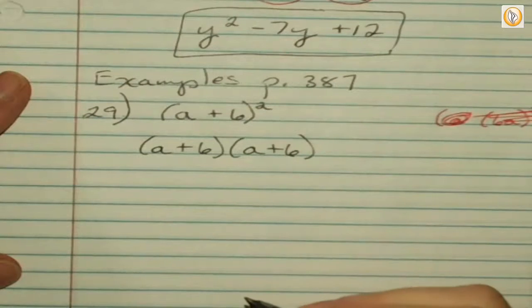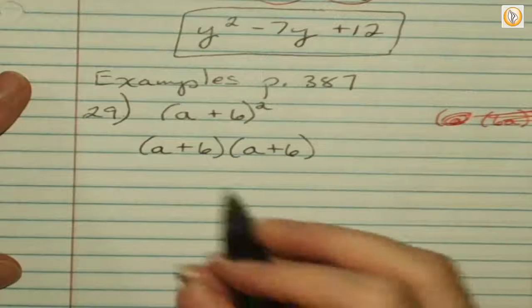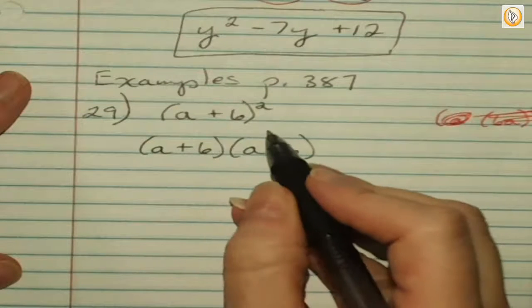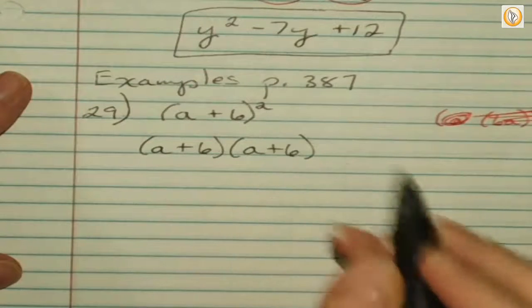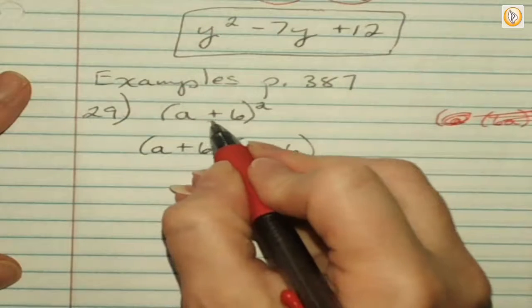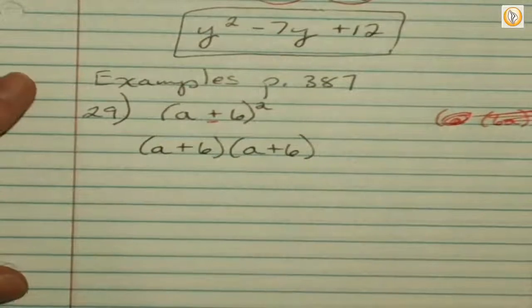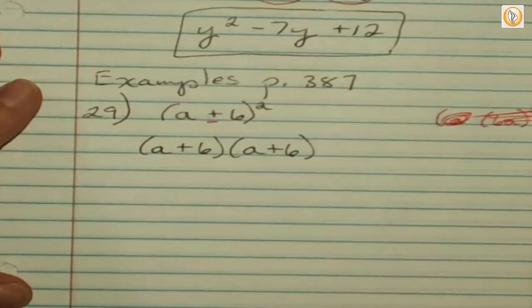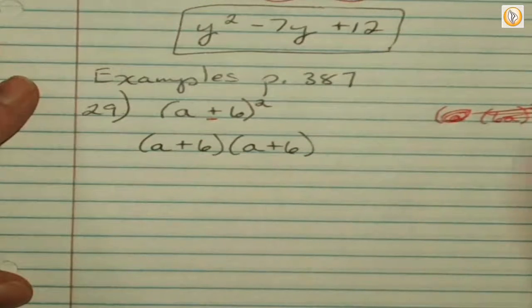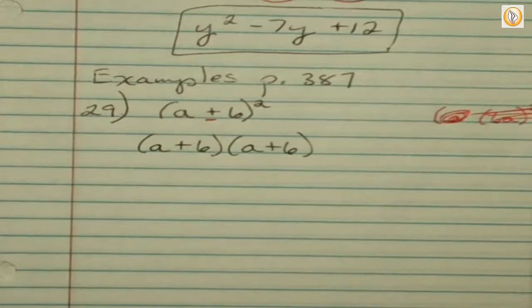So 2 times 1 is 2, so it's 2a, and a is to the second power, and 6 is to the second power. No, it doesn't work, and this plus sign right here is what keeps it from working. So it's rewritten like this, and now we just do the FOIL method.